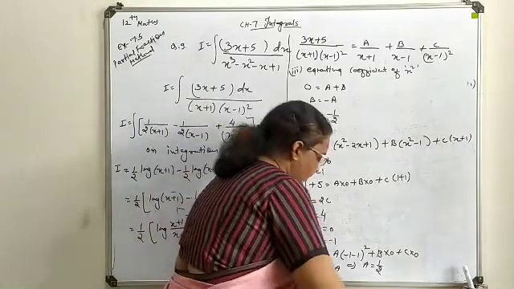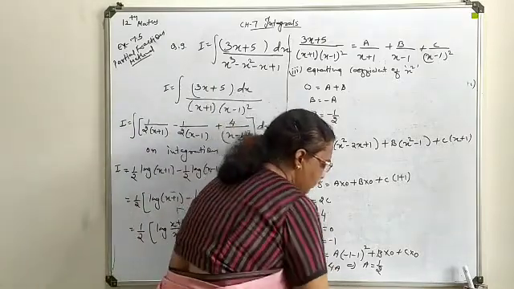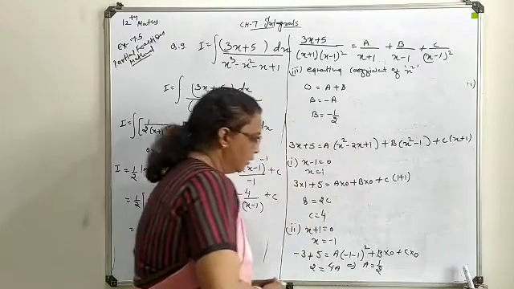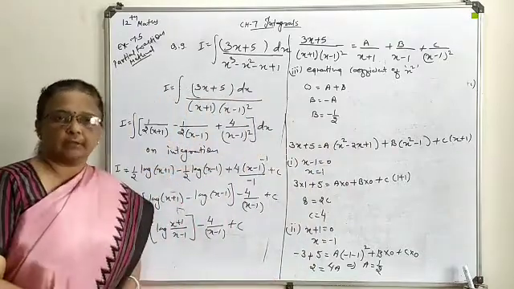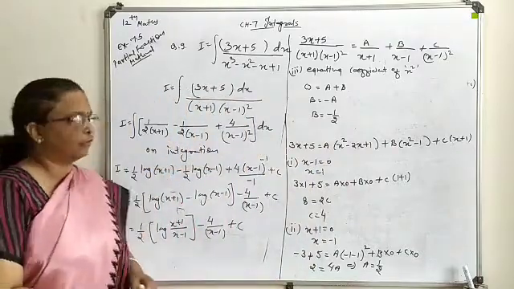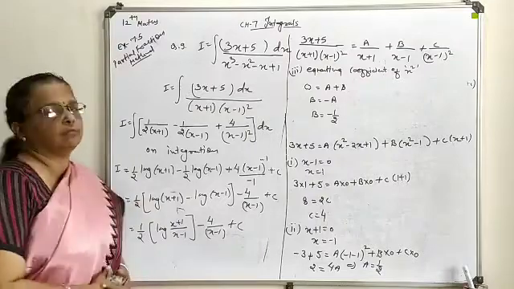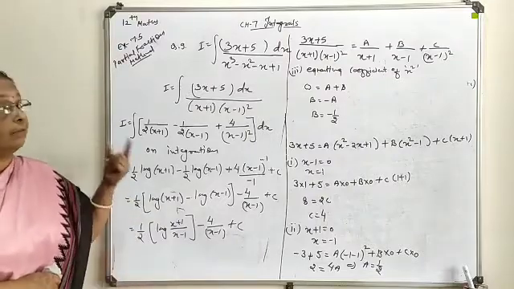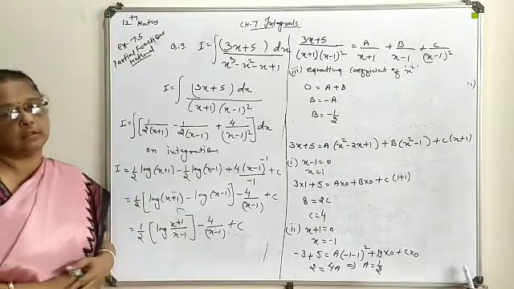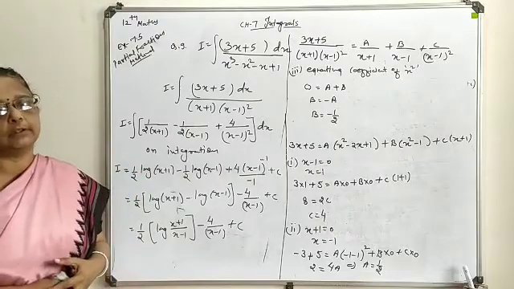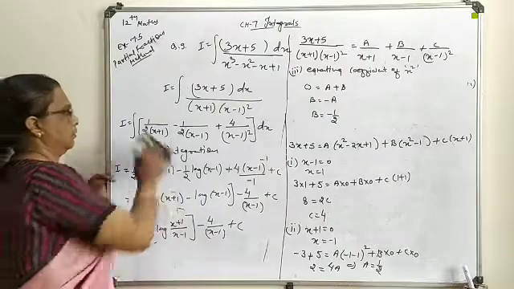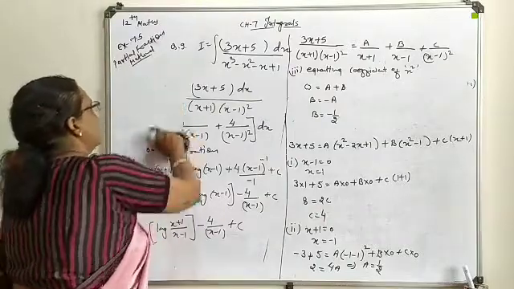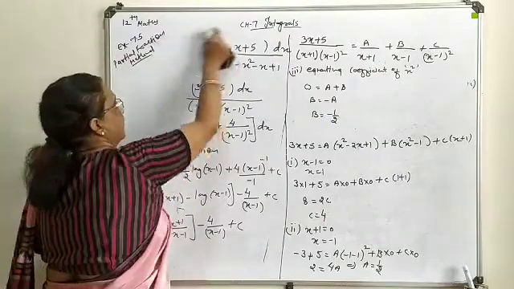Now the next category we are going to introduce is your question number 12, in which your question is available with the improper form. Up to now whatever the questions we have attended, all were in a proper form, means the power of the term of the numerator was less than the power of the term of the denominator with respect to the variable, that is x.